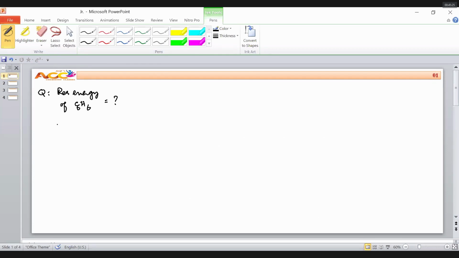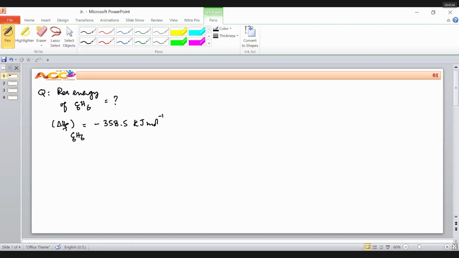What is given to you? Enthalpy of formation of benzene, experimental value, is given to you as minus 358.5, in kilojoules per mole.